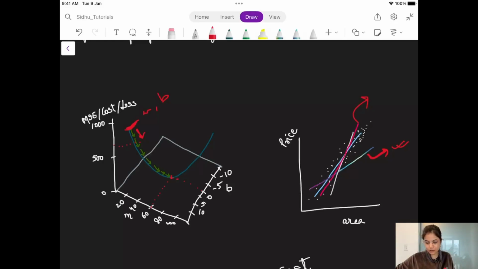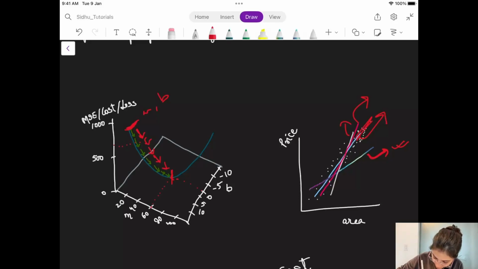So by trying combinations of values of m and b, the cost keeps on reducing, and these are the different straight lines which we get for the different combinations of m and b. And this is our best fit line. We can see from the graph that this is our best fit line where our cost is minimized.